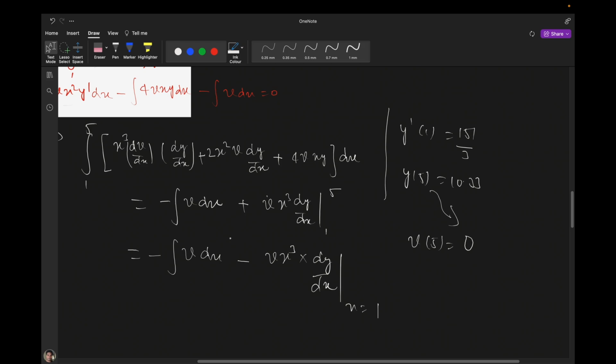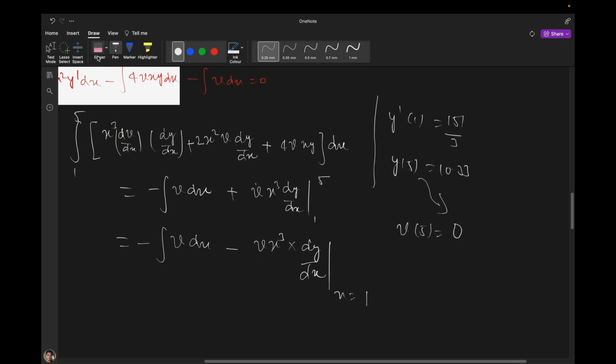And this part will go for the force matrix.